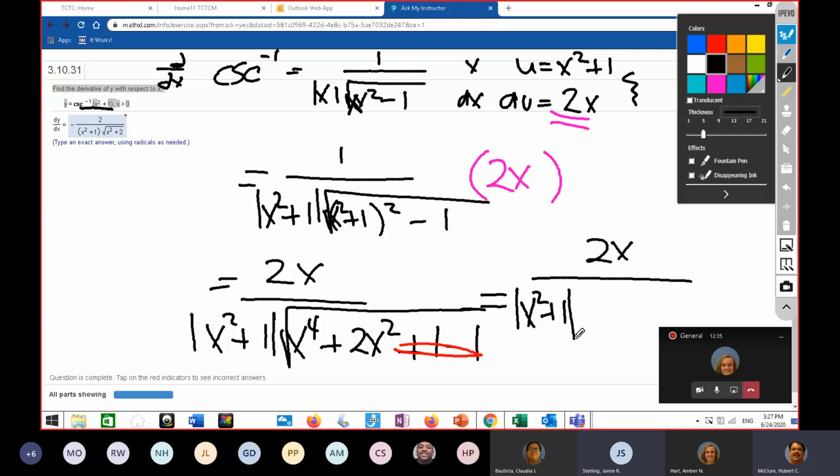X. If I factor out x squared here, that's going to be the square root of x squared times the square root of x squared plus 2. And the square root of x squared is x, so that's going to cancel out with this x. And that's going to leave the square root of x squared plus 2.